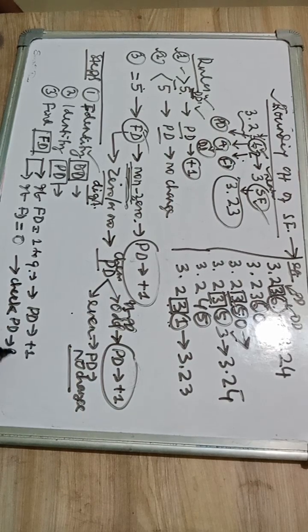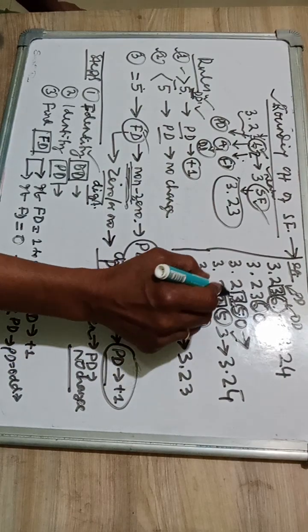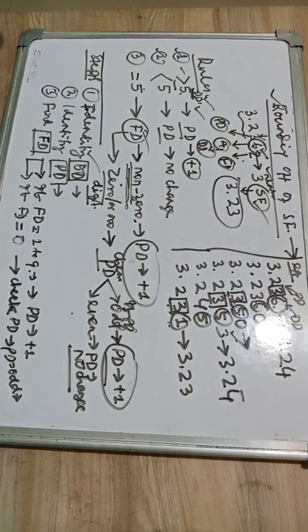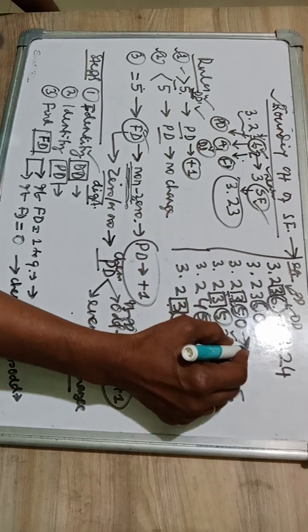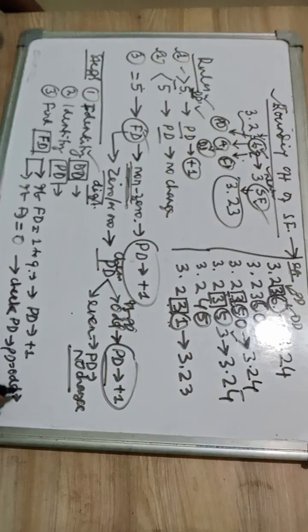If PD is odd, then PD will be increased by 1. In this case, PD is odd, so it will be increased by 1.